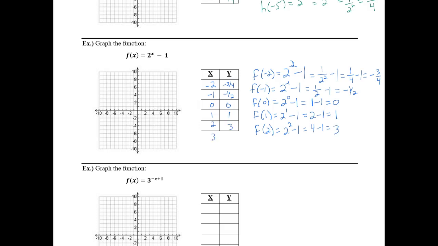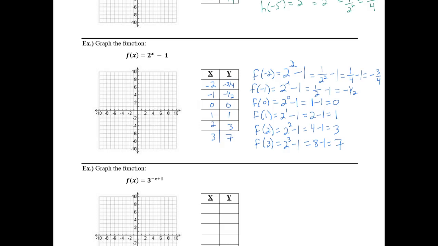Now let's just go ahead and do one more, see what happens. No one says you have to stop there. F of 3. So 2 cubed minus 1. 2 cubed is 8, and 8 minus 1 is 7. Alright, let's go ahead and graph these.